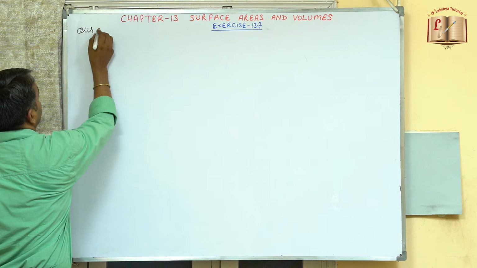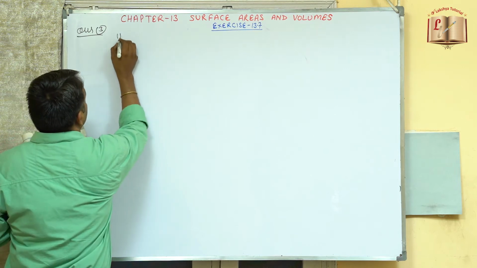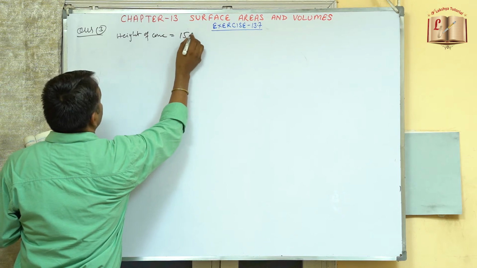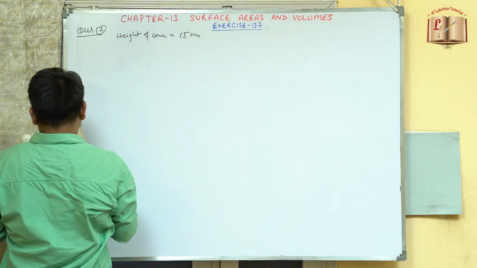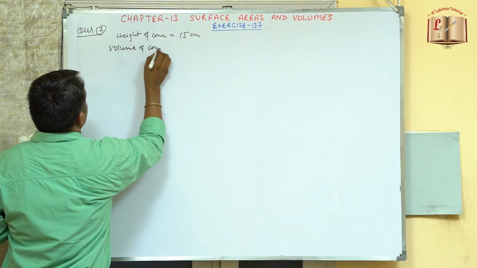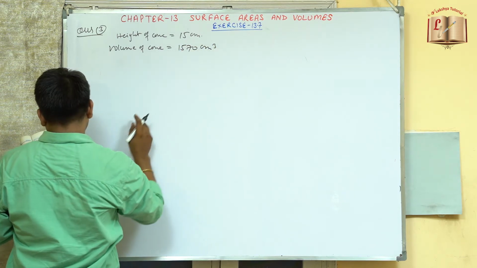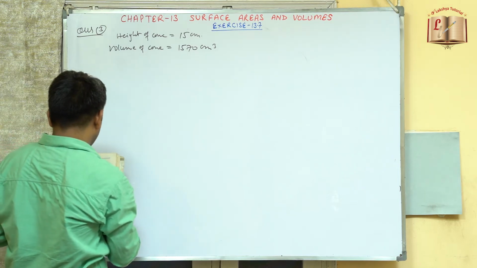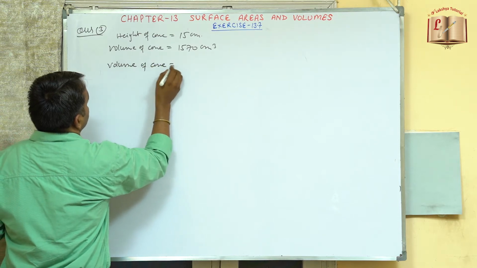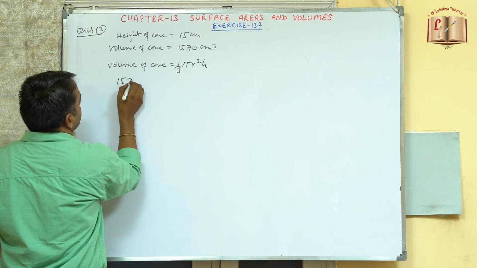So now coming to question number 3. The height of the cone is already given to us as 15 centimeters, and the volume of the cone is given to us as 1570 centimeter cube. Find the radius of the base. So volume of cone is equal to 1 upon 3 pi r square h. Volume is given as 1570.